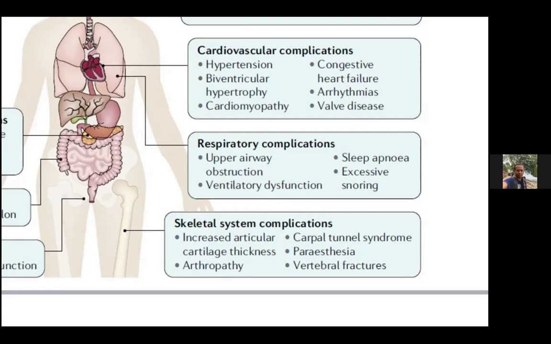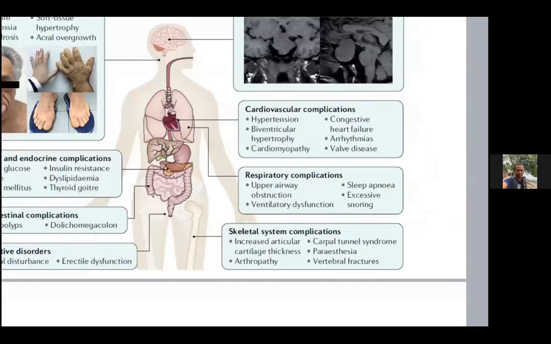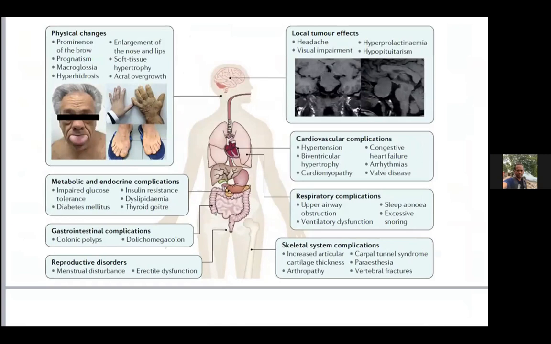Patients would complain of large joint pains, non-inflammatory kind of pains. Because the osteoclast activity is predominant, sometimes the bones become very fragile and can cause pressure fractures, what we call vertebral fractures. Patients would have paresthesias, and because of compression, they can get carpal tunnel syndrome.